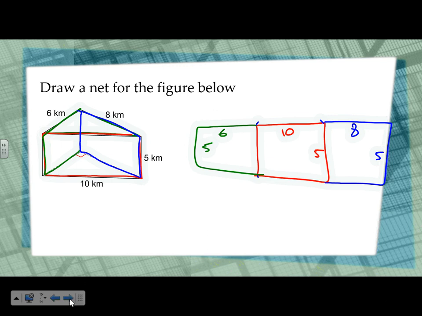But you could also draw it over here. It would just be 10 and 8 because this side is the one that's 6. So if you want to do that, that's fine. I just think it's way easier to visualize since the front is what we put as the red over here. Then you can just kind of make it look exactly like it looked like in the picture over here. 6, 8, and then again, the 10 side is this one.